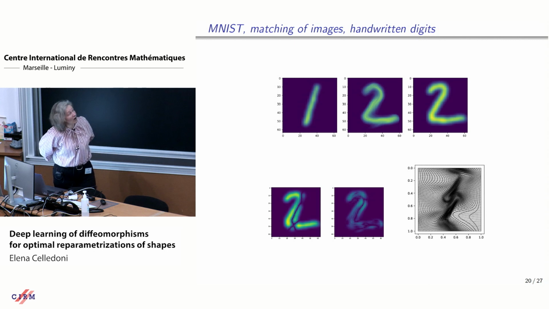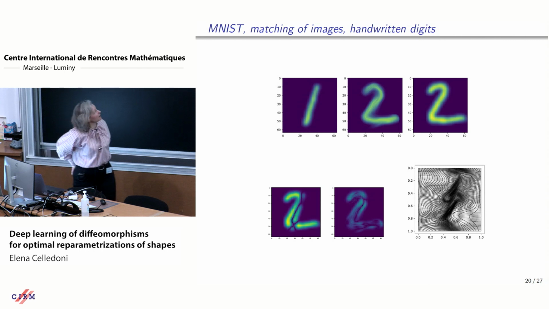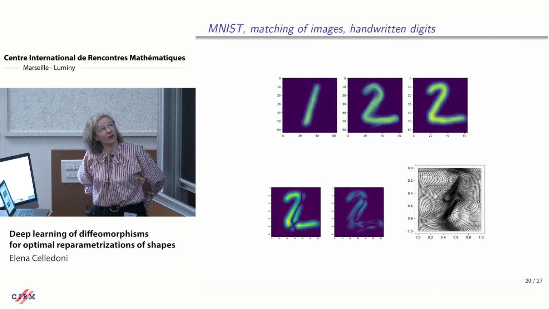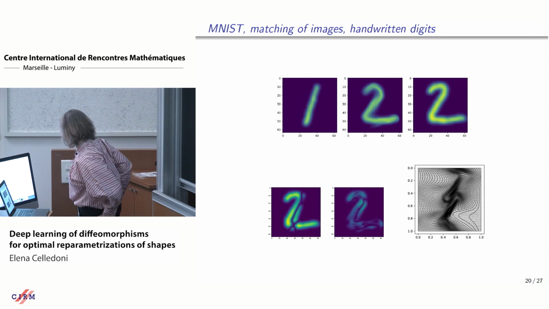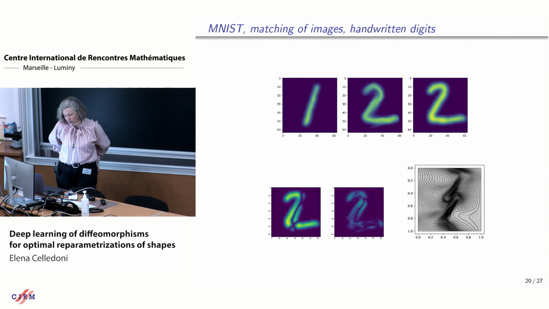And finally, my final example is morphing of surfaces which are obtained from the MNIST data set. So we have digits. We have made surfaces by interpolation.